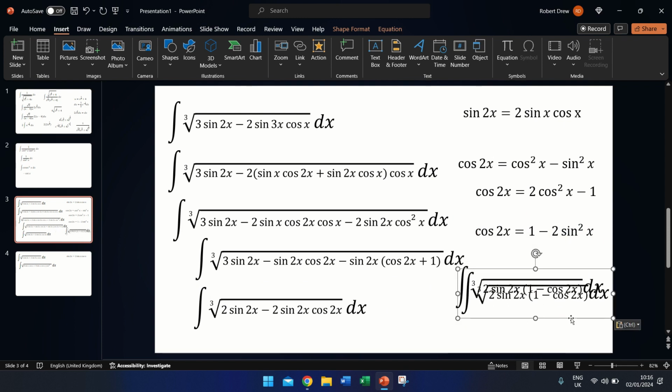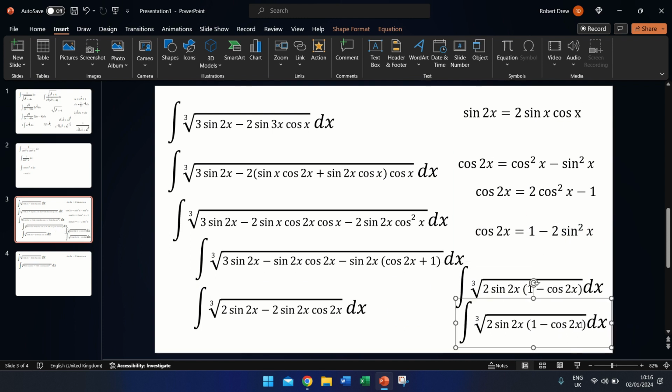And then that's, oh, this is so close to being helpful. 1 minus cos 2x from here is 2 sine squared. Problem is you can't quite combine those things because you've almost got 3 sines, right? Which would cube root really nicely, but it doesn't quite work because of this 2 here. But maybe it does work because now we can say sine 2x is 2 sine x cos x.